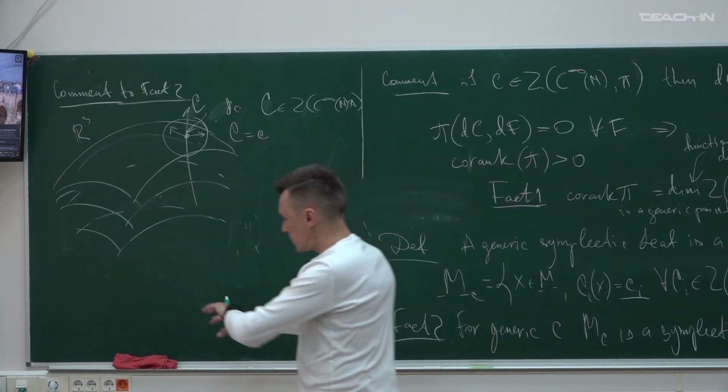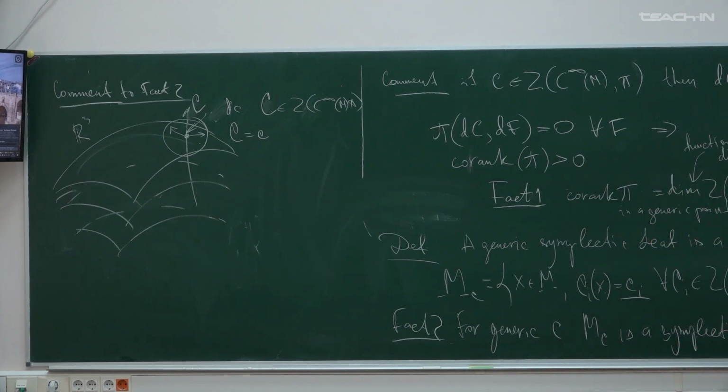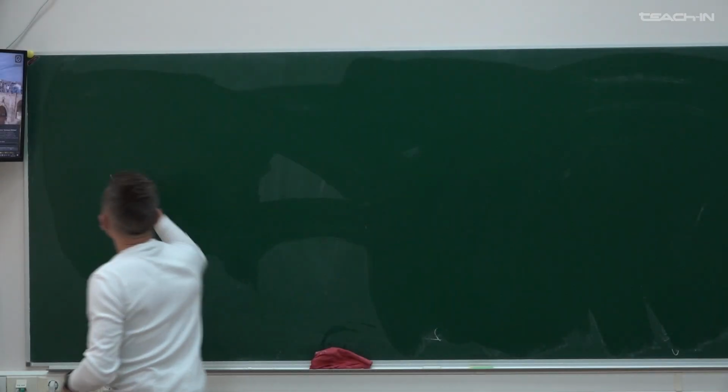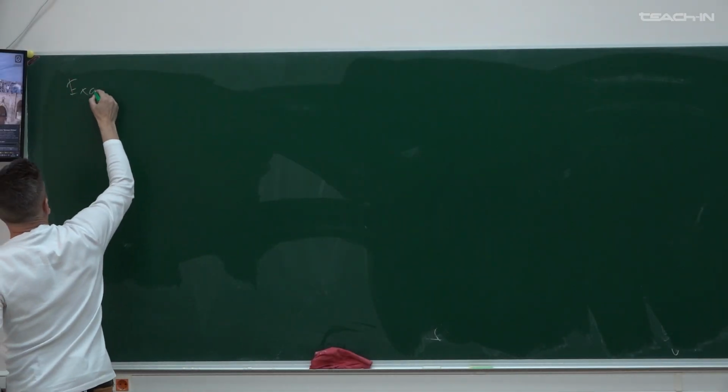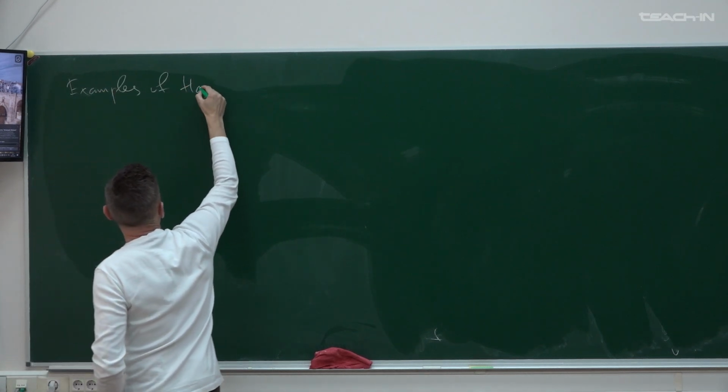Now we will start to consider some concrete examples of Hamiltonian systems.